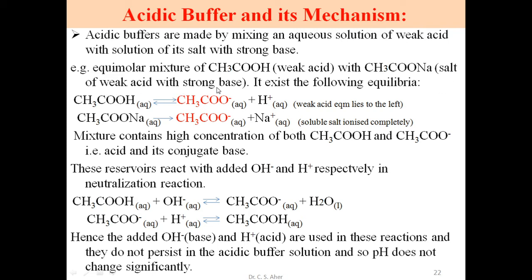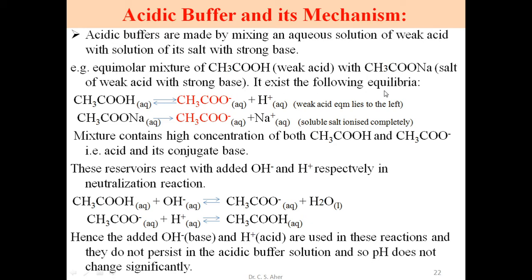What is the strong base? NaOH. This combination forms the salt, sodium acetate. So a weak acid, and along with it its salt with a strong base, the same salt, sodium acetate, gives formation of an acidic buffer.